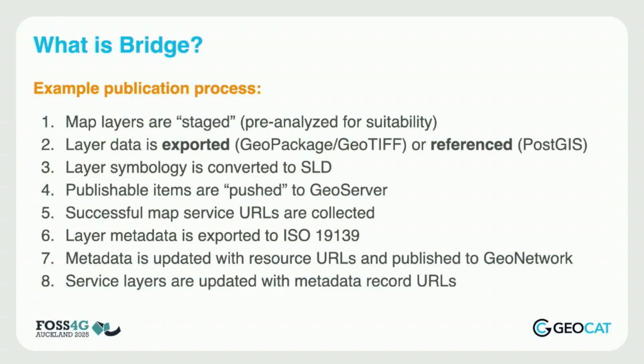And from that moment, the service layers themselves in GeoServer will also have a link back to the metadata record. So in the capabilities documents, you'll see the URL to the metadata record. So it simplifies a lot of the manual steps that you would often do to publish data.